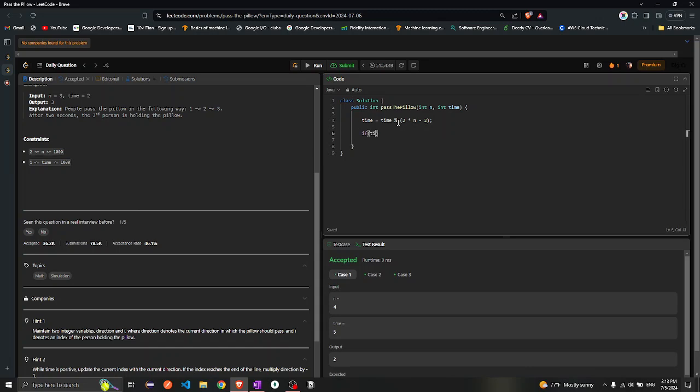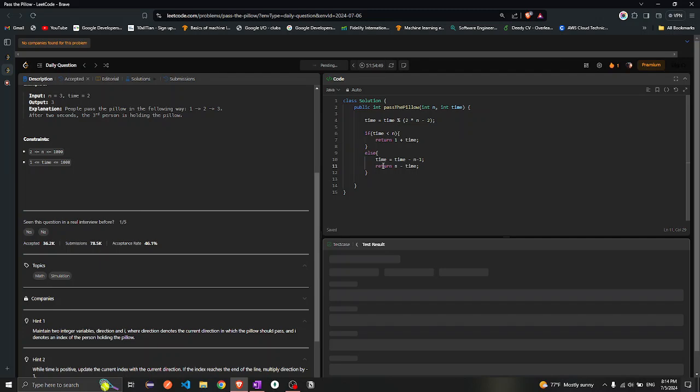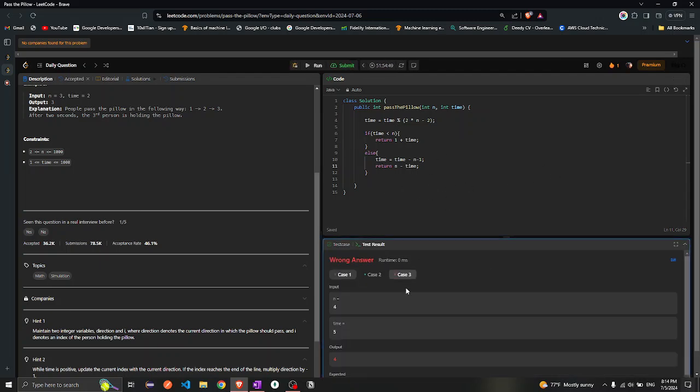Now if my time is less than n, I'll just return 1 plus time, else I'll reduce my time by time minus n minus 1, and I'll just return n minus time. That's it. We're basically eliminating each and every loop.